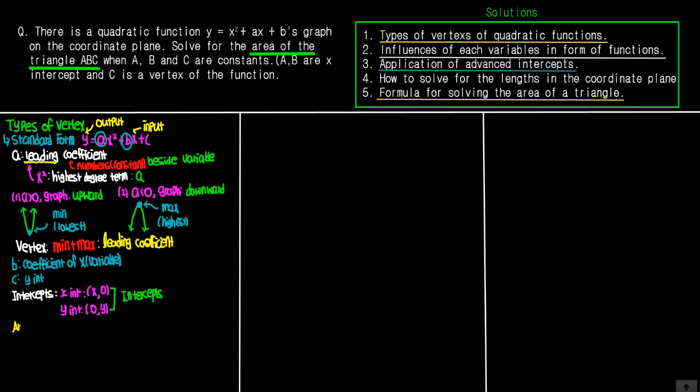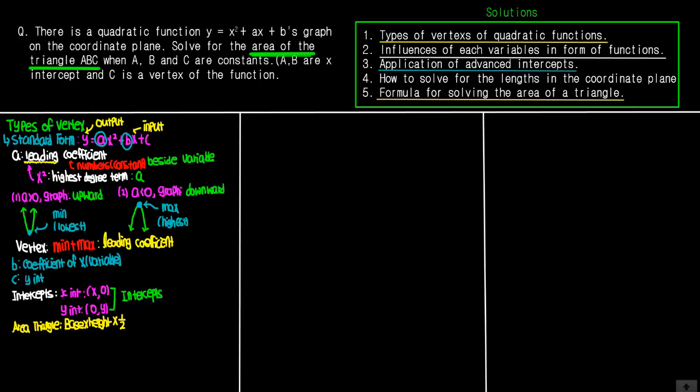The formula is base times height of a triangle times 1/2, or we divide by 2. This is the area of a triangle. And solving for the area of the triangle will be our last answer for this question because they told us to solve for the area of triangle ABC.